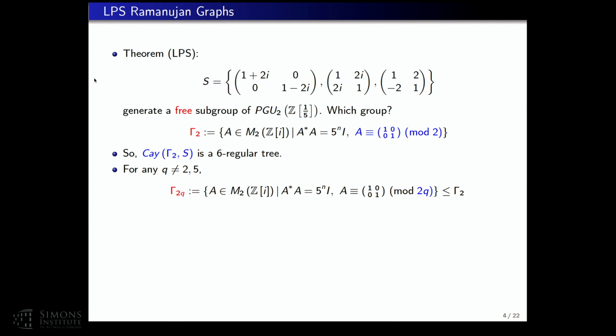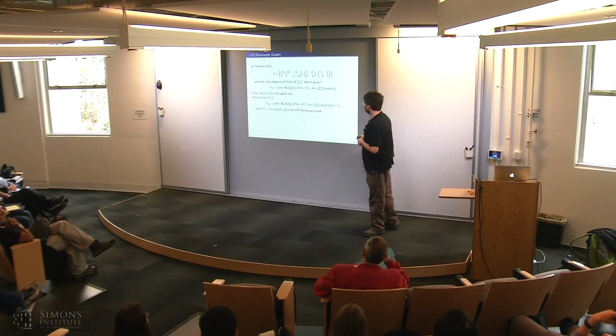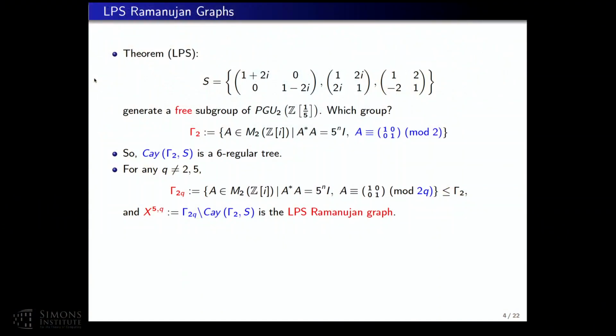So we can divide the Cayley graph by the subgroup. This is what I meant earlier by arithmetic quotient. We found a way to present the tree as an arithmetic group, and we're taking an arithmetic quotient of the tree. And this is the LPS Ramanujan graph. You take the Cayley graph and you mod out by a subgroup like this for some q. This is the famous LPS graph.